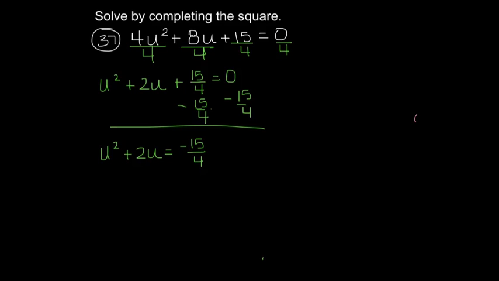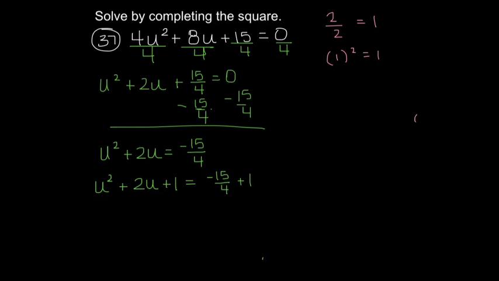So I'll start with that 2, and I will take half of it, which gives me 1. Then I have to square that 1, which still gives me 1. So I'm going to add 1 to both sides, which gives me u squared plus 2u plus 1 equals negative 15 fourths plus 1.